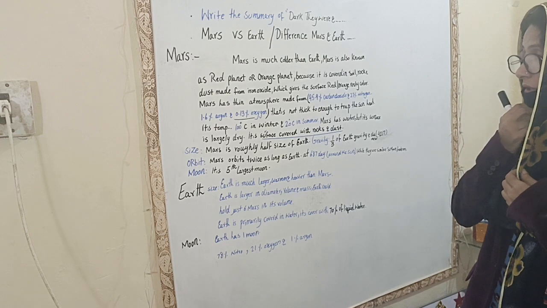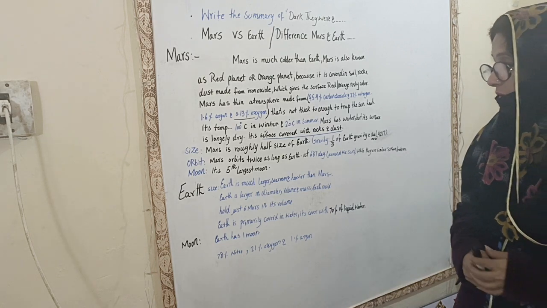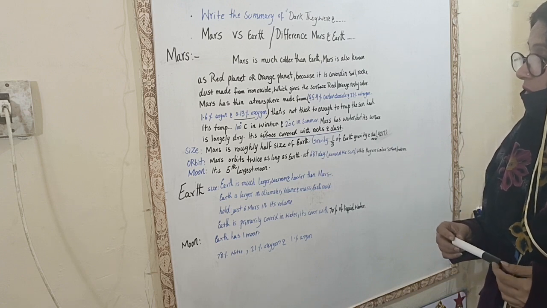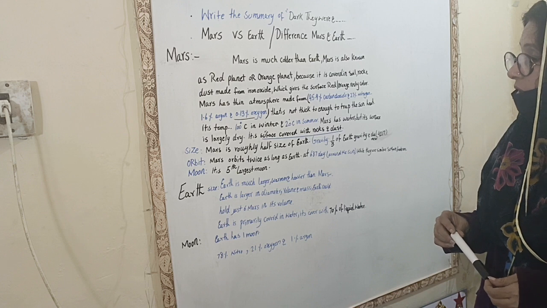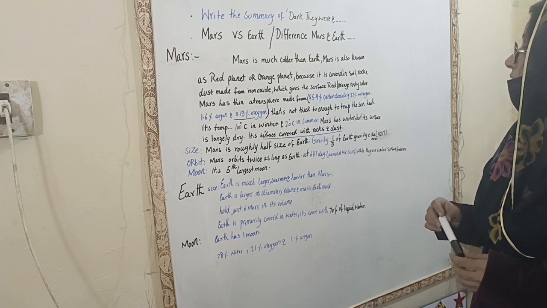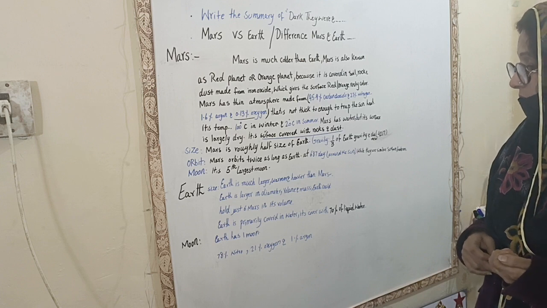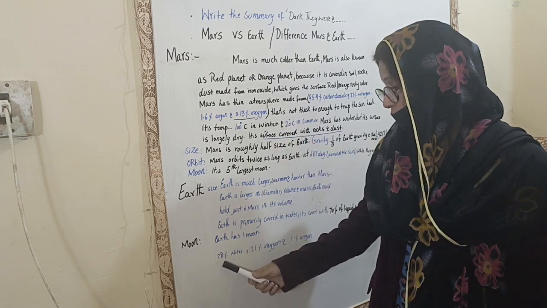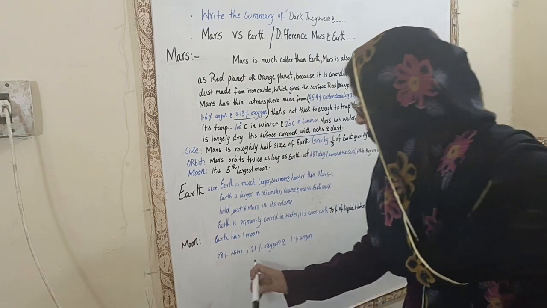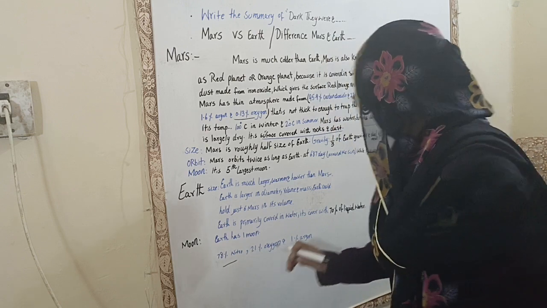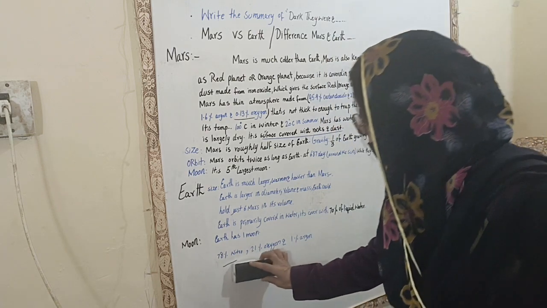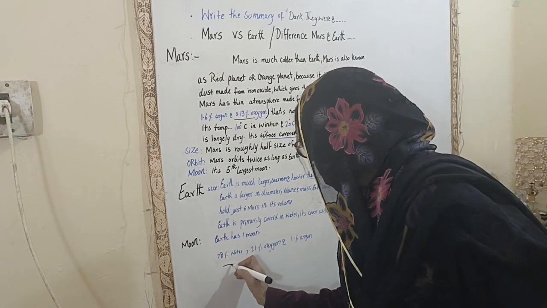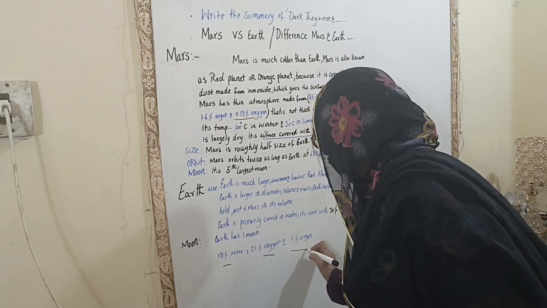Okay, there are some points of similarity, because our Earth has dusty areas too, but there is a difference in nitrogen, oxygen and argon.